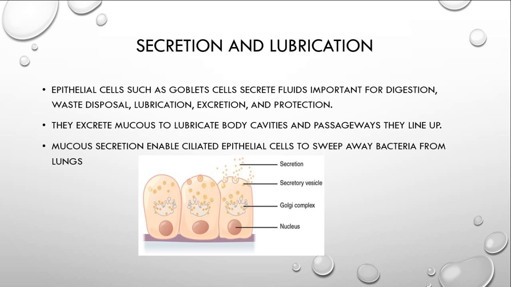Secretion and lubrication. Epithelial cells such as goblet cells secrete fluids important for digestion, waste disposal, lubrication, excretion, and protection. They excrete mucus to lubricate the body cavities and passageways they line. Mucus secretion enables ciliated epithelial cells to sweep away bacteria from the lungs.